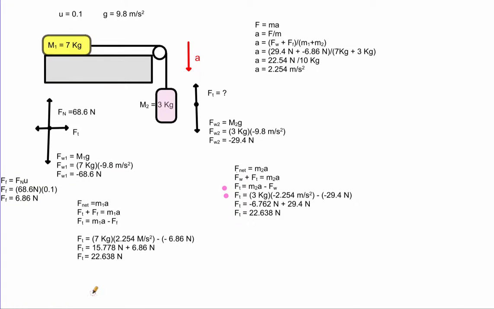Looking at the other body, again, the net force equals the mass times the acceleration that this mass is experiencing, 2.2 meters per second squared. The net force is made up of the tension and the friction. For this body, I'm going to choose the direction to the right as positive and to the left as negative.